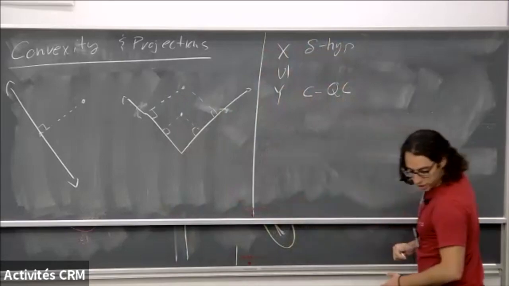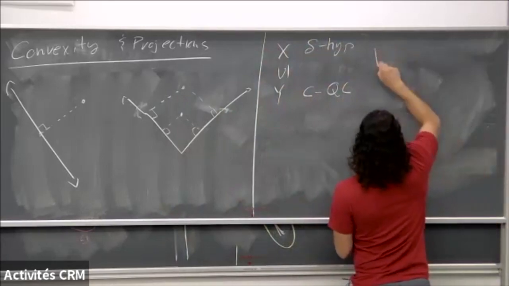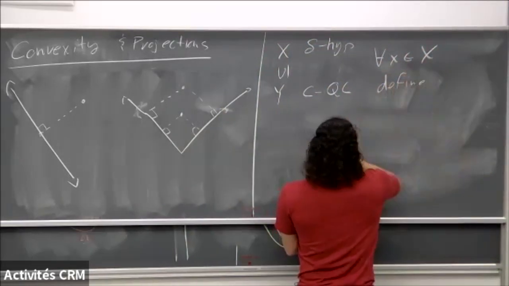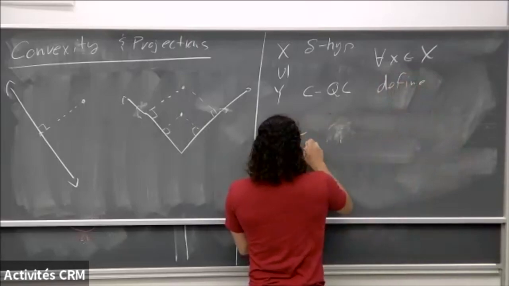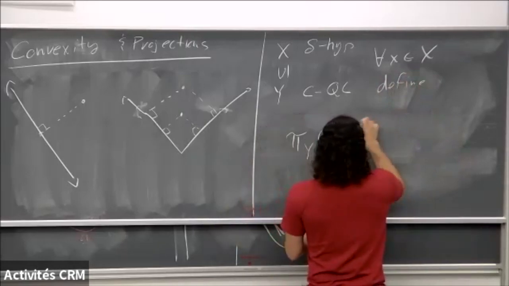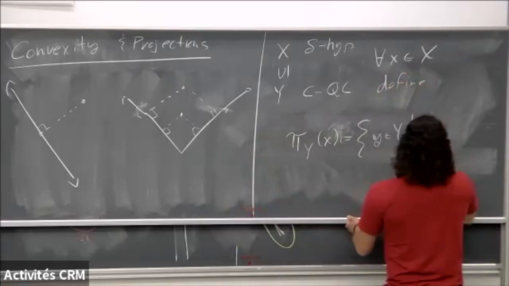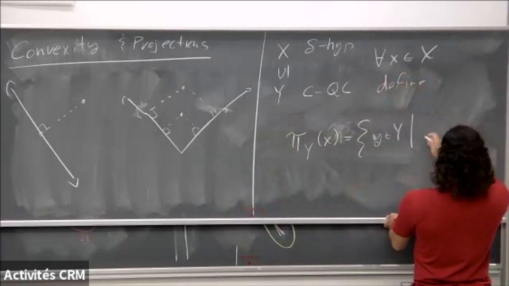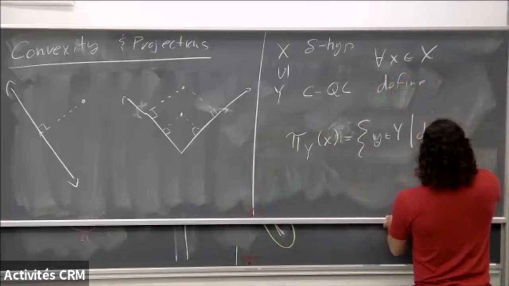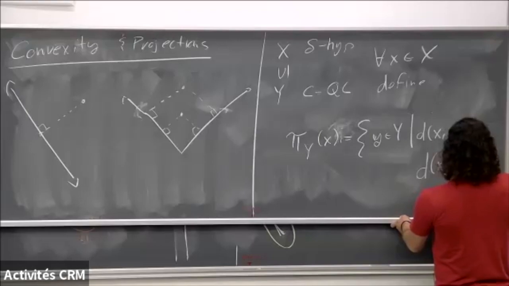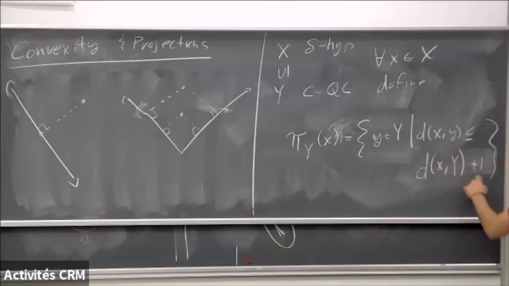And I'm going to define a projection from the space onto Y. So for all x in X, define pi_Y(x) to be the set of points y in Y with the property that the distance between little x and little y is less than or equal to the minimum distance between x and capital Y plus 1. Okay, I always forget which way this inequality should go.